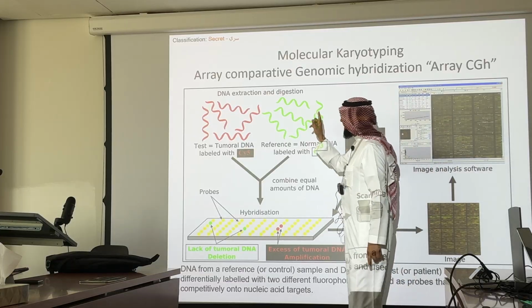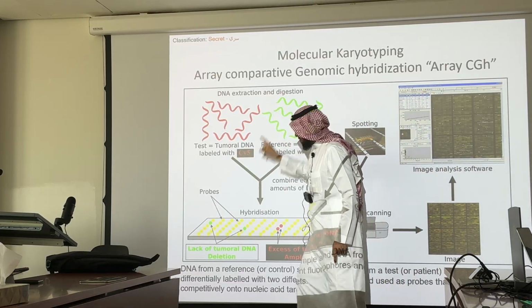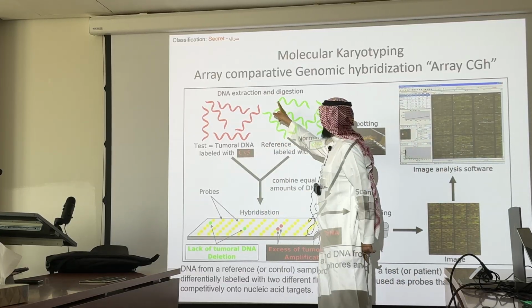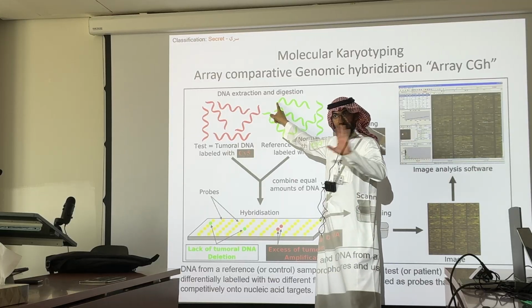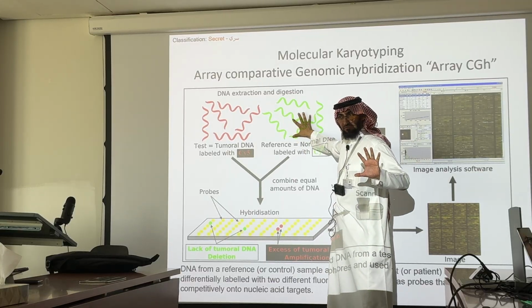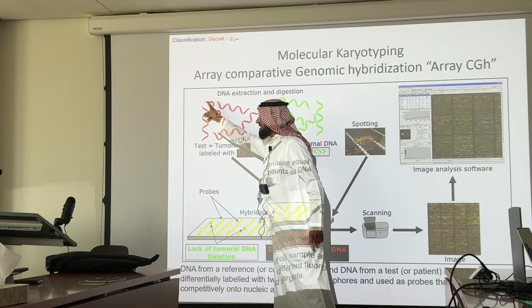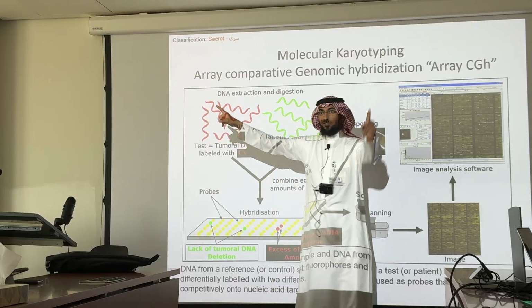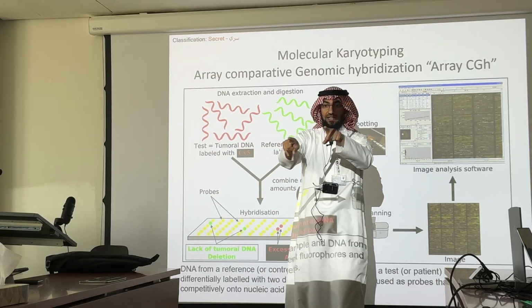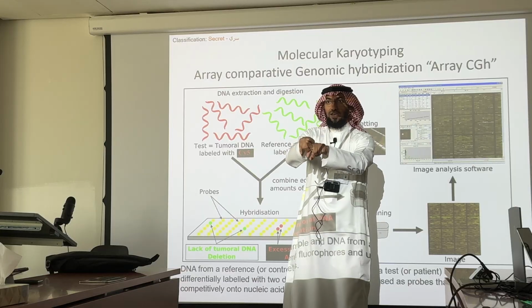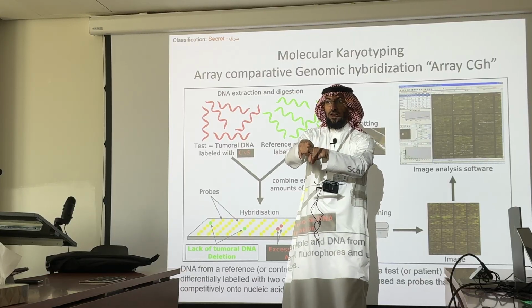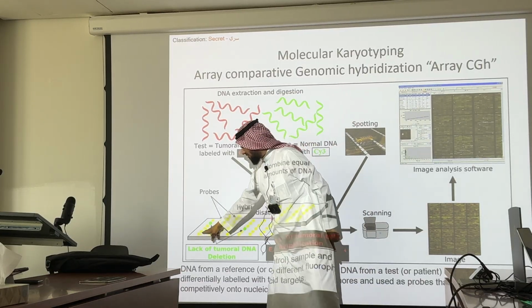If you have the complementary for this well in the control, which is expected because everything is present, and it is present in the patient sample, there will be hybridization of green and red. The result is which color? Yellow.